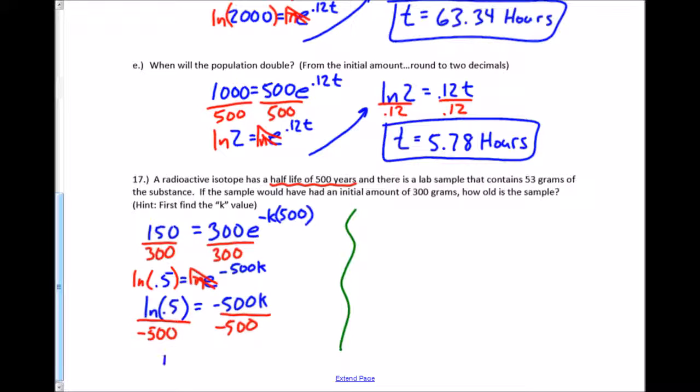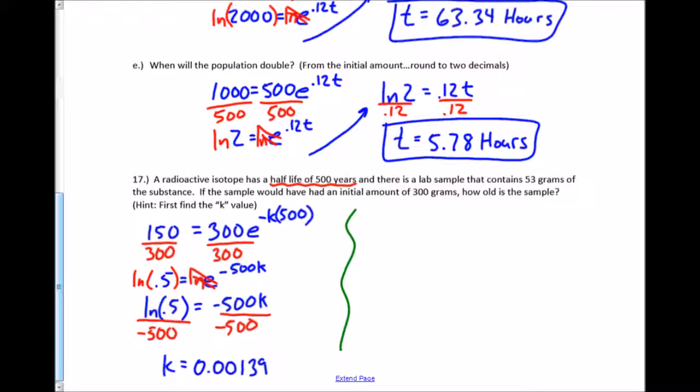So the k value that I get here, I'm going to plug this into my calculator, is 0.00139. That's where I'll round it off, okay? And it's important to keep a couple decimal values here to make the second piece of this thing a little bit more accurate.